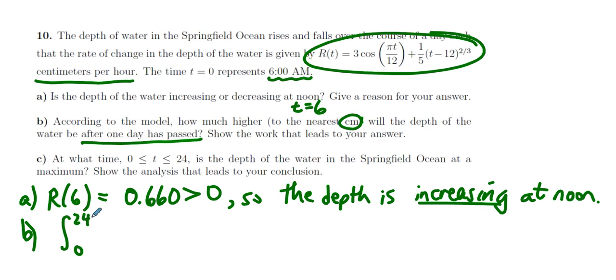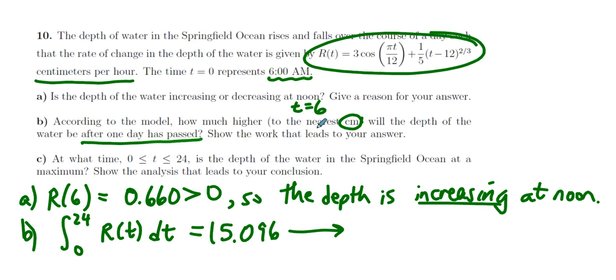That's 24 hours. Because this was an exam question, you had your calculator available, so you can just integrate this using technology, and you end up with 15.096. So then we answer the question, how much higher to the nearest centimeter? That's 15 centimeters.